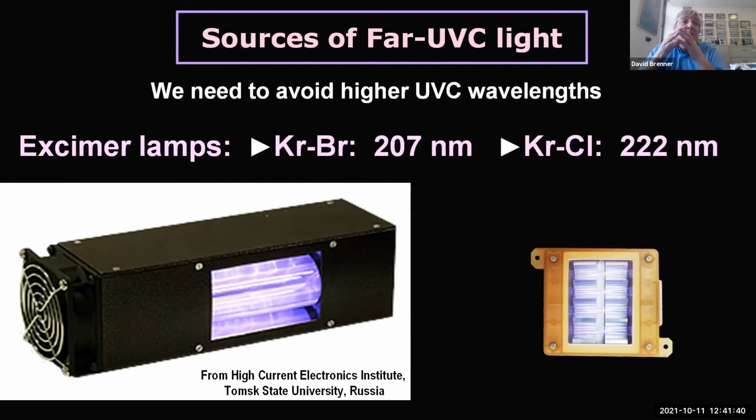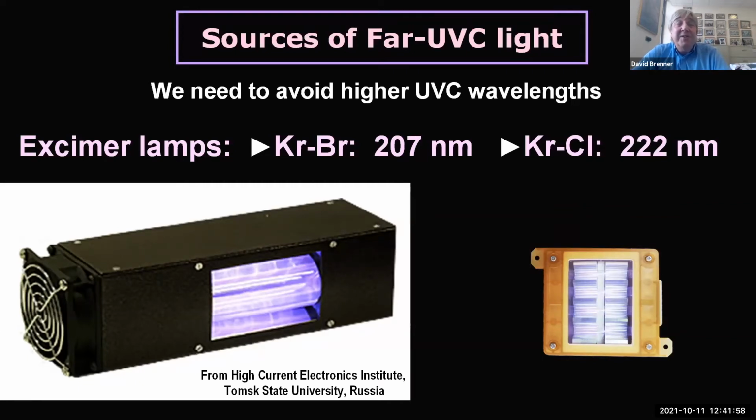That's the krypton bromide excimer lamp, which emits at 207, and a krypton chloride lamp, which emits at 222, with the proviso that I talked about before, that they both have fairly long, low intensity tails.